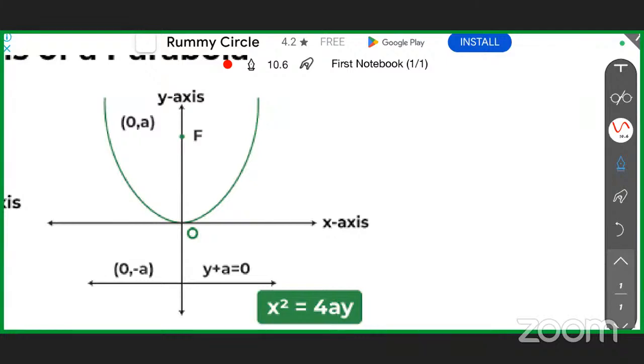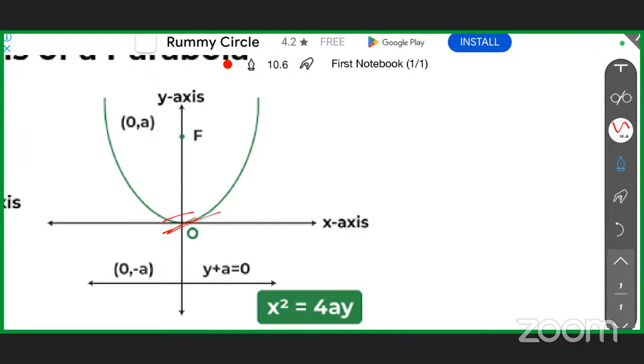Whichever way we are defining the parabola, if we define it by y square, that means my parabola has to rest on the y-axis. If I define the parabola by x square, my parabola has to rest on the x-axis. So we are defining on x square. Therefore, my parabola is resting on the x-axis.